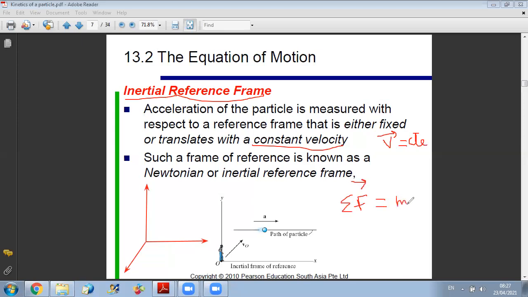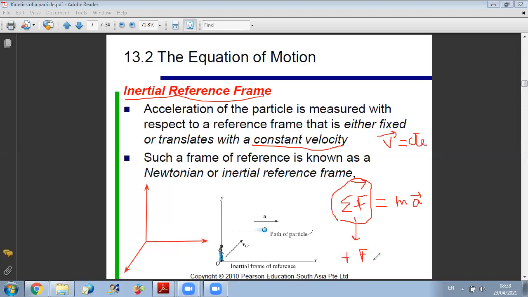On the other hand, in case we have an accelerating frame, let's say you are in a car that is accelerating, then inside the car you will experience an additional force which is called the inertia force. If you are working in a non-inertial frame, which means that the frame is accelerating with respect to the fixed one, then what will be different is that you should add to the summation of forces a force called the inertia force, Fi.